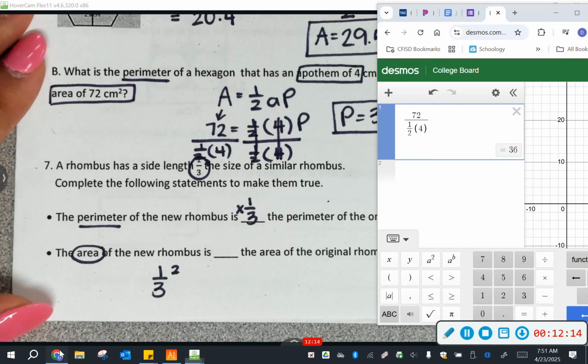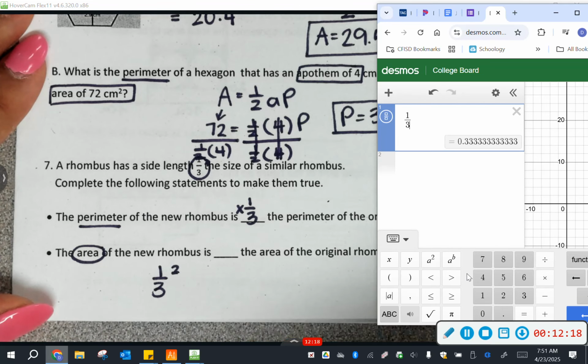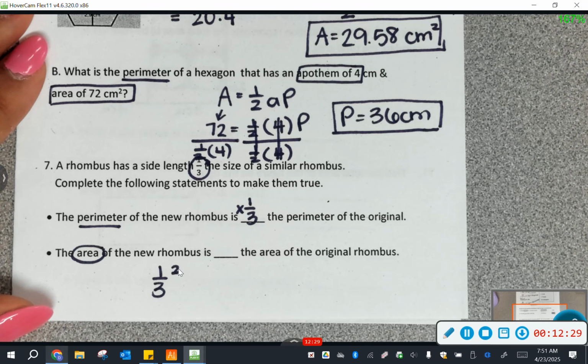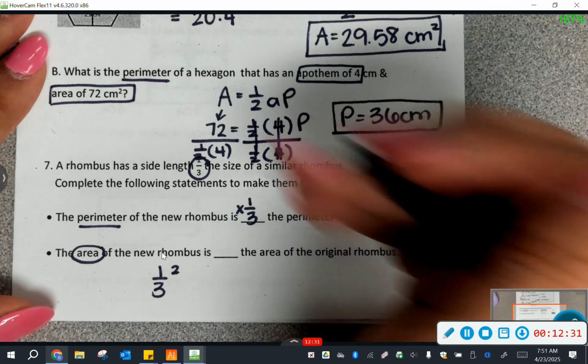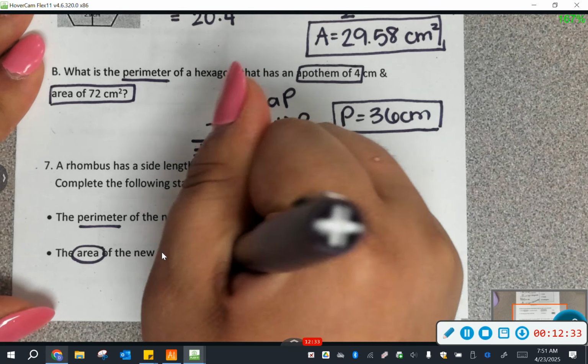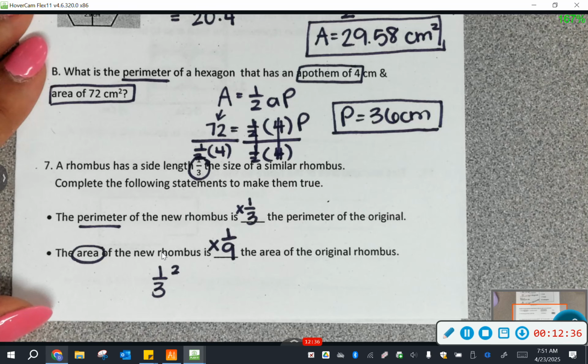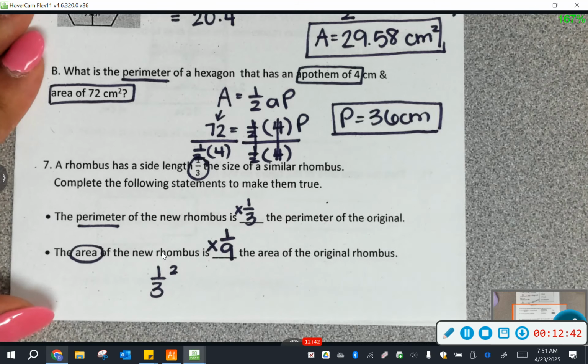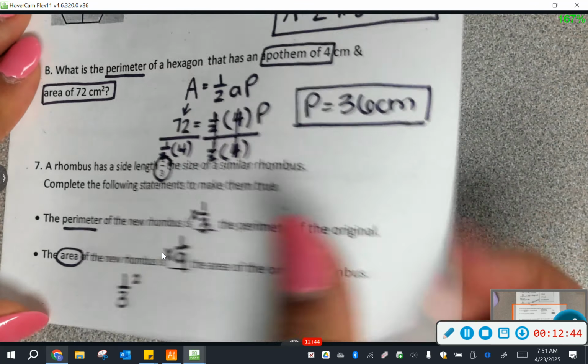What is 1/3 squared? You can do that in the calculator. Click the little fraction bar, and I get 1/9. Whenever you square a fraction, you just square the top and the bottom. So it's times 1/9. Perimeter, it's the same number. Area, you square that number.